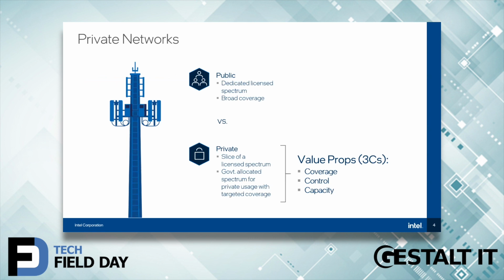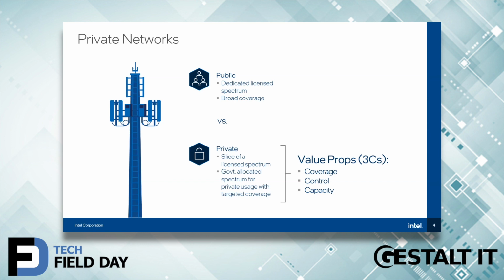Traditionally, cellular technology has been managed or controlled by the carriers in providing the public network. This is a dedicated licensed spectrum provided by government authorities to the carriers, and it is meant for broader coverage. In the private network space, there are 2 ways.